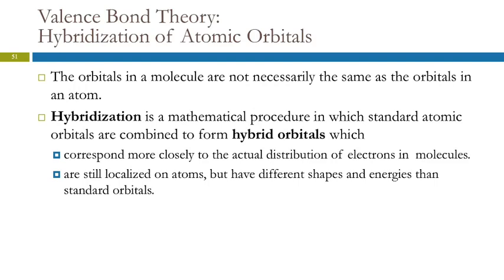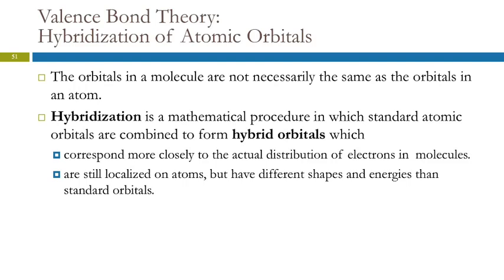So for these orbitals, hybridization is a mathematical process, sort of like averaging, but we've talked about orbitals, and they are these very complicated mathematical wave functions. So the math is pretty hairy here, and we don't have to deal with it, thank goodness.